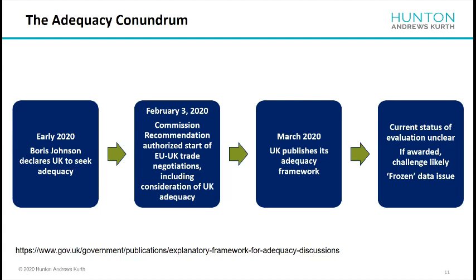It is possible we will see a trade deal from 31st of December 2020, but no adequacy decision for several months. And indeed, if the two are wrapped up in one another, it might raise a risk of subsequent successful challenge if a view is taken that the adequacy finding was a bit of a fudge and not properly based.